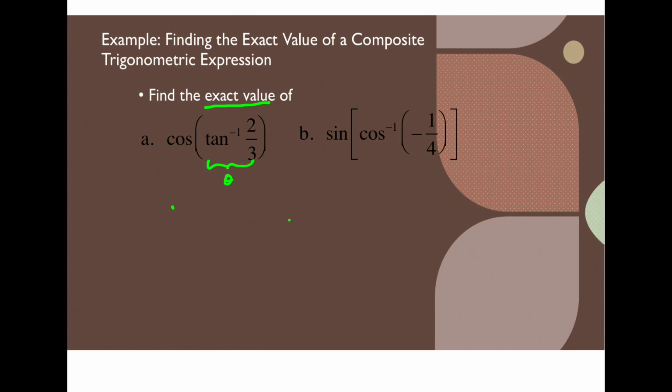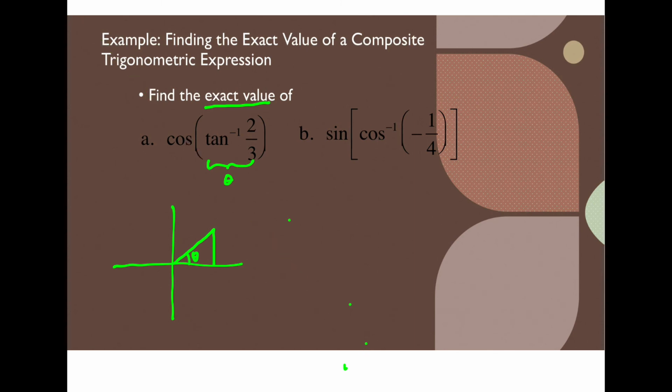So what is the result of the tangent? If we're taking the arctan of 2/3, remember tangent for this one is positive, and so that's either going to be in the first or the fourth. That's going to be some angle here that gives us this triangle. And tangent is opposite over adjacent, TOA.